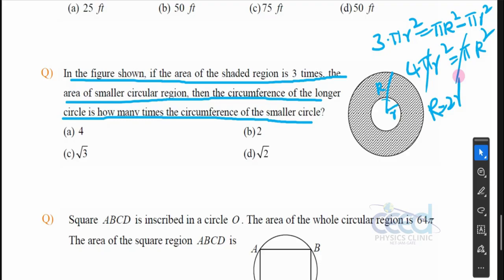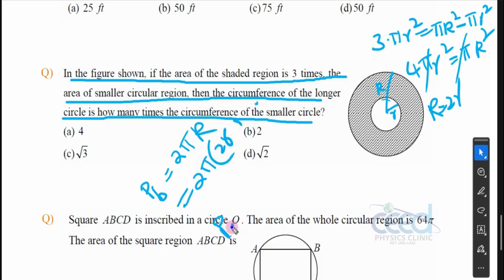Now what can I write? How many times is the circumference of the smaller circle? Now the bigger circle circumference, what? Perimeter of the bigger circle we can write as 2 pi capital R, where R is equal to 2r, right.